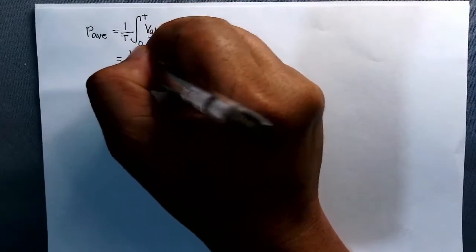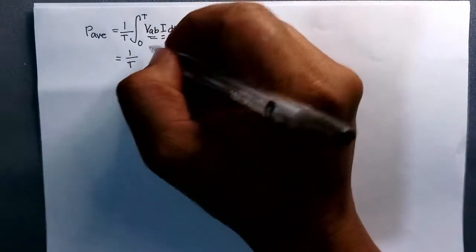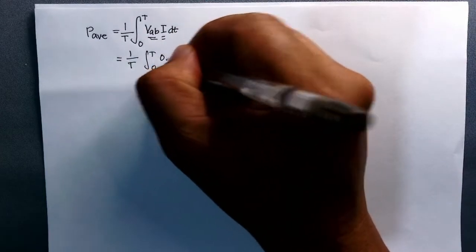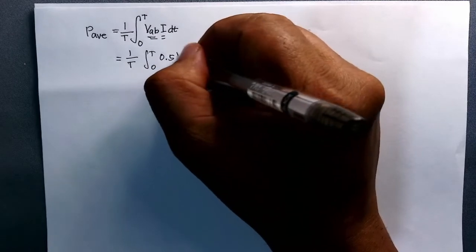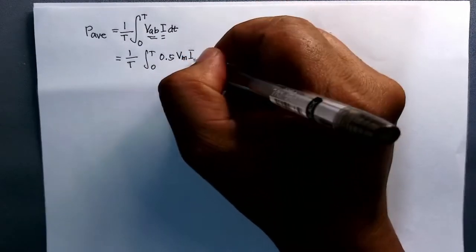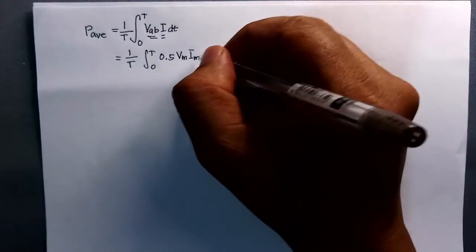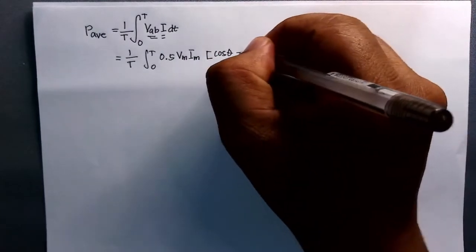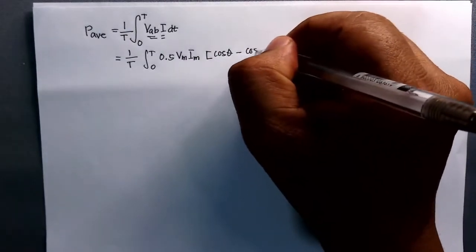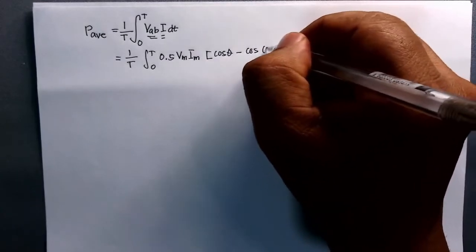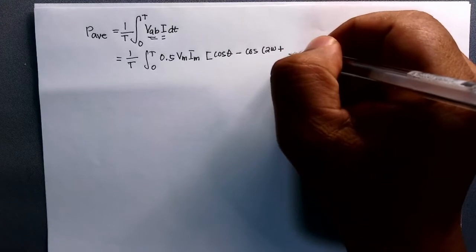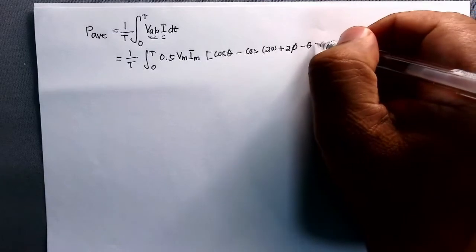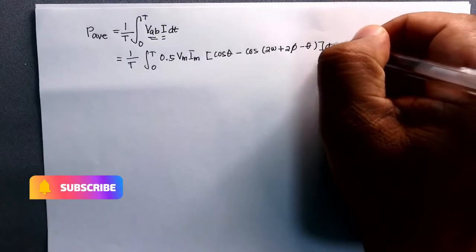Now if you are going to recall those values, we can write here 1 over T, integrated from 0 to T, that is actually 0.5 times the maximum value of your voltage and your current, multiplied by cosine theta minus cosine of twice omega t plus twice phi minus theta, with respect to t.